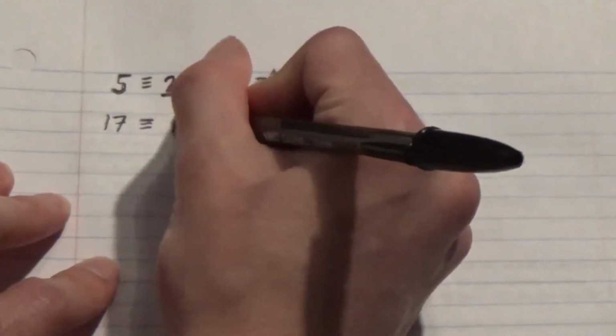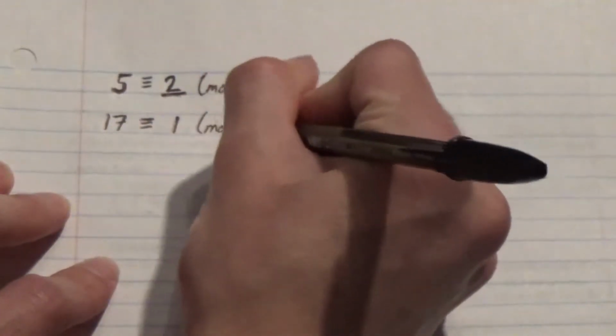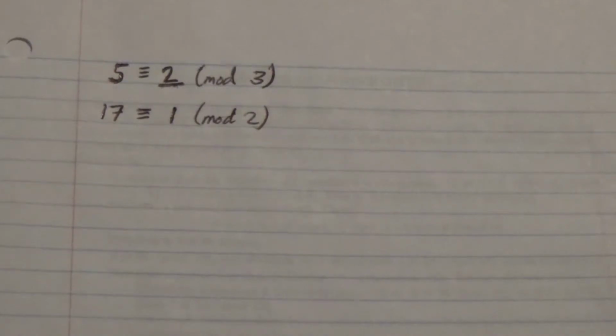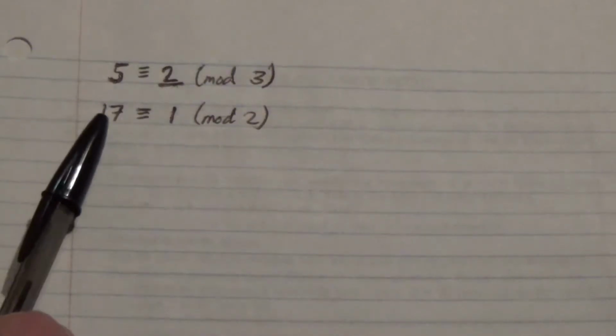And another example would be 17 is congruent to, and I'm going to say modulo 2, and it is actually congruent to 1 modulo 2. What this is really saying, in fact, whenever you see modulo 2, is determining whether a given integer, usually the one on the left side, is even or odd.